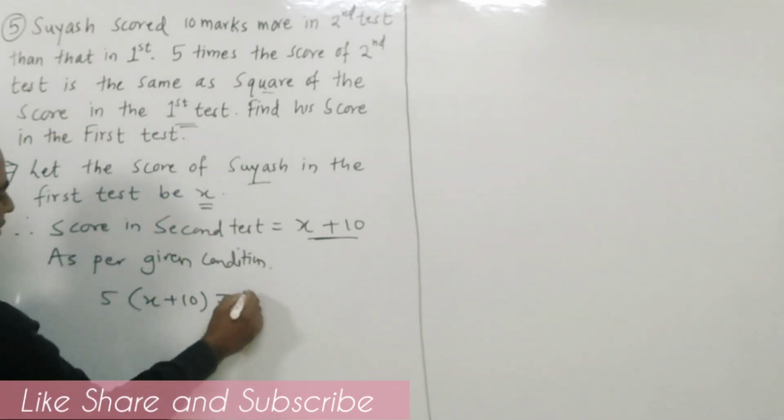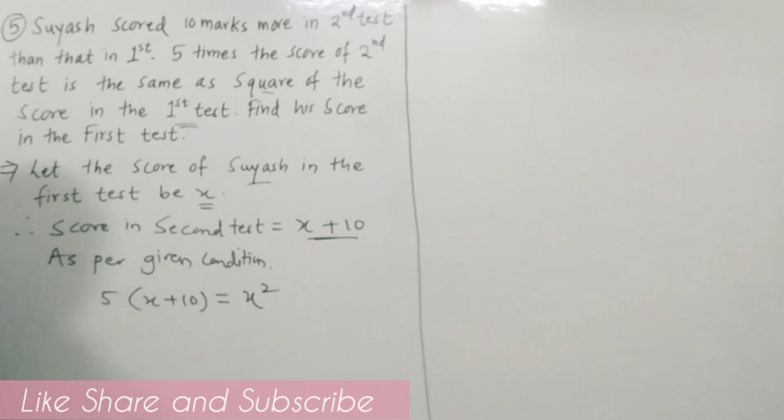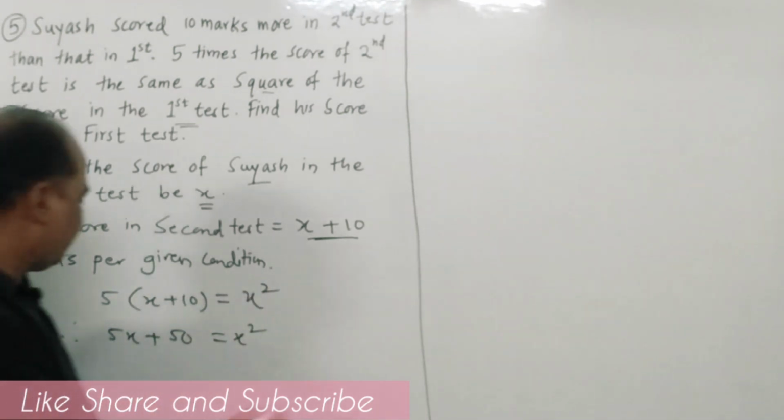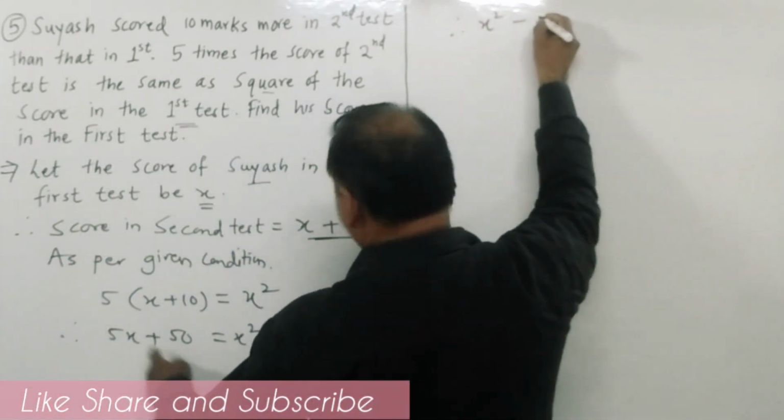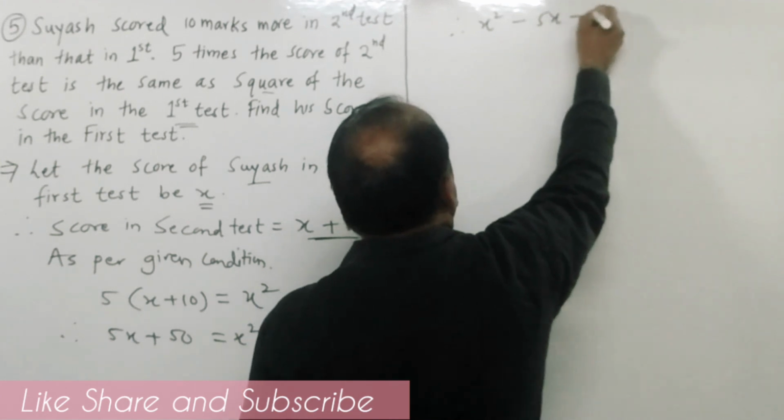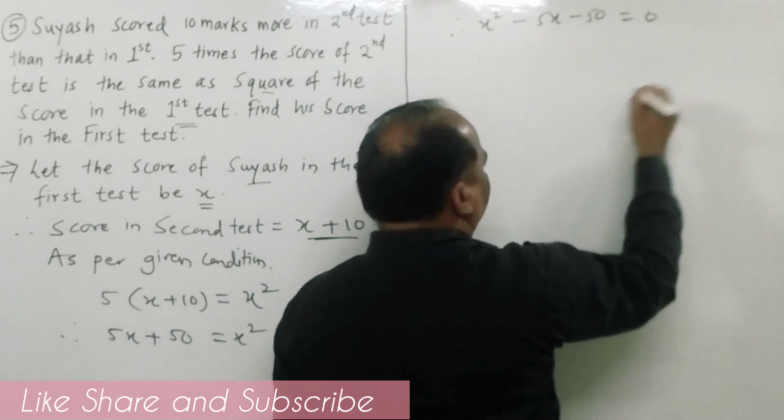First test square is x, so it is x square. Therefore, simplify, 5x plus 5 times the 10, 50, is equal to x square. Therefore, we'll get the equation as x square minus 5x minus 50 is equal to 0.